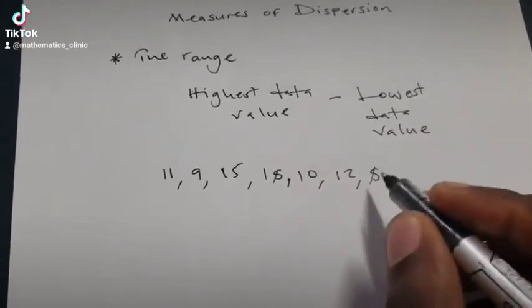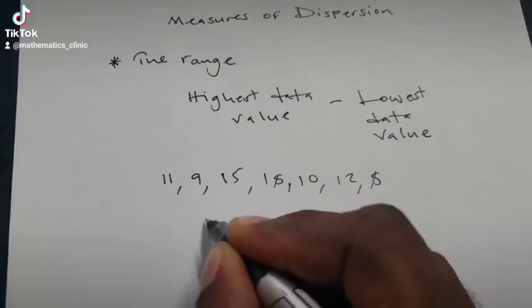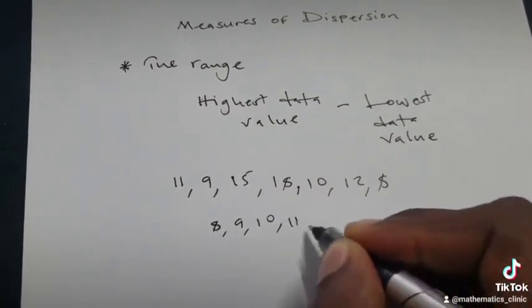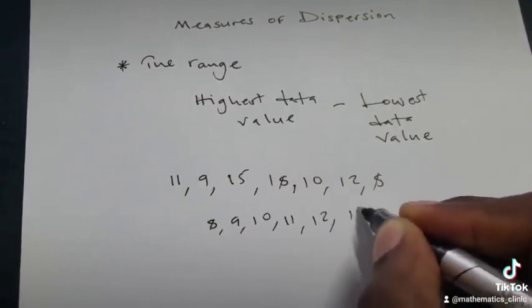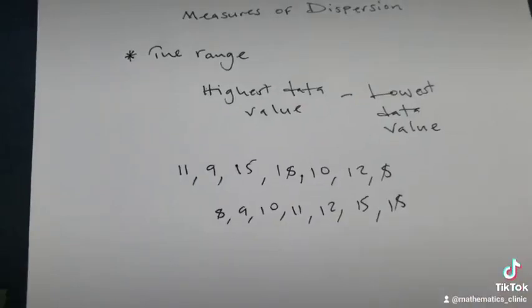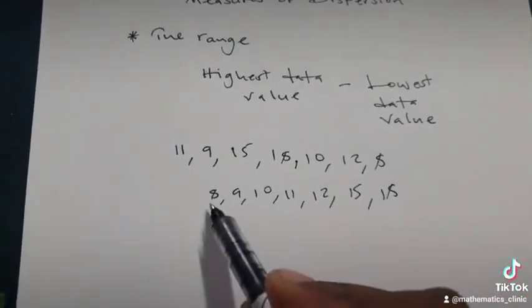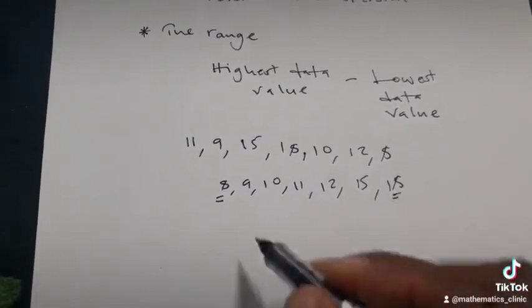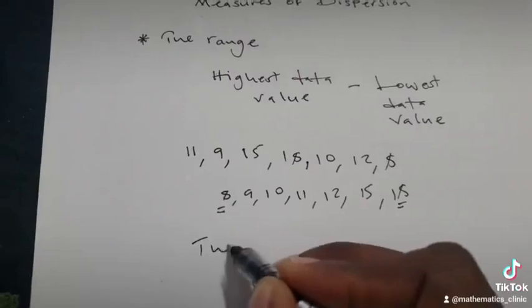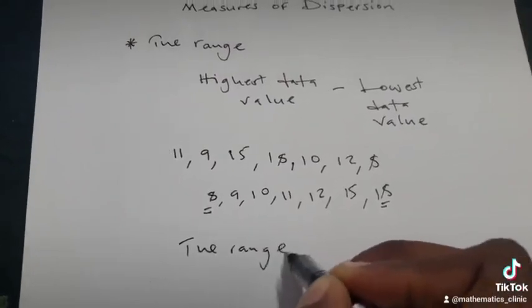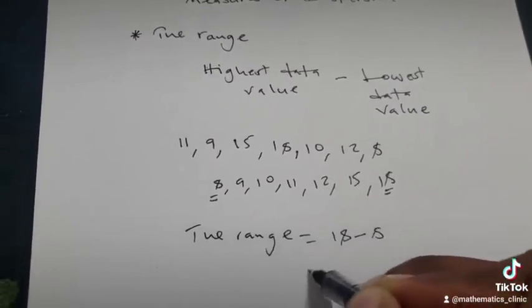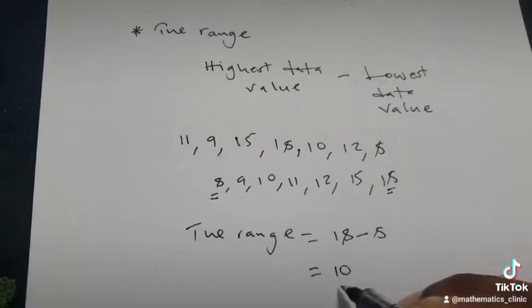The smallest is 8, followed by 9, then we have 10, 11, 12, 15, and 18. So our smallest data is 8 and our highest data is 18. When we are finding the range, we say 18 minus 8. So our range in this case is 10.